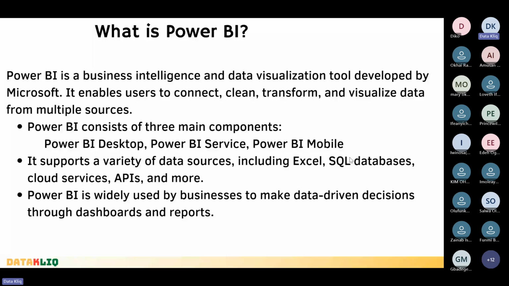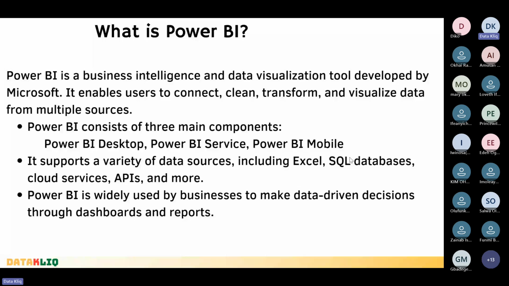So what do we majorly do in Power BI to get our business intelligence and data visualization? It enables us, the users, to connect, clean, transform, and visualize data from multiple sources. We'll get to see the sources very soon. There are three different types of Power BI: Power BI Desktop, Power BI Service, and Power BI Mobile.